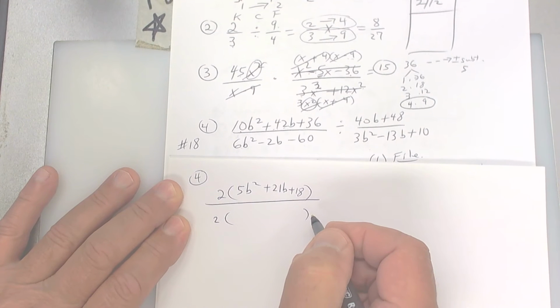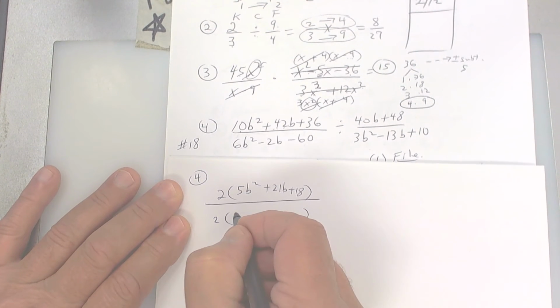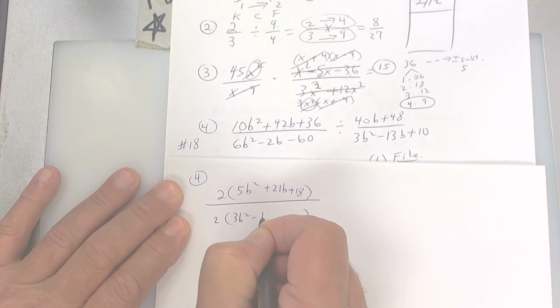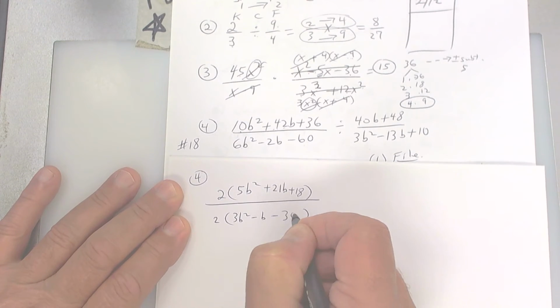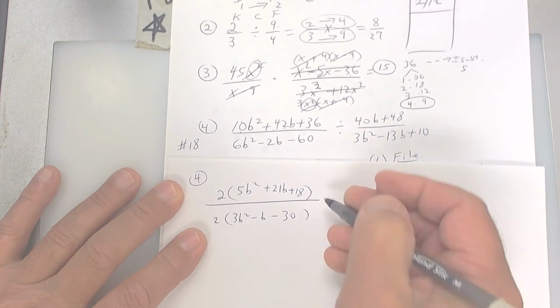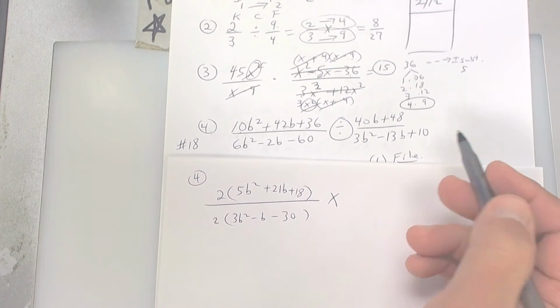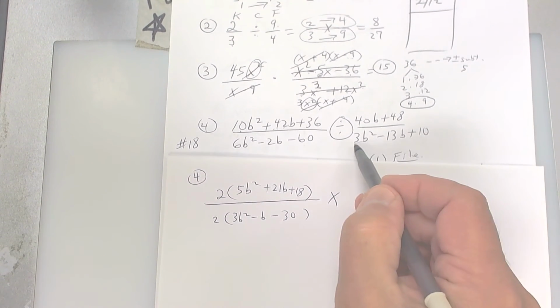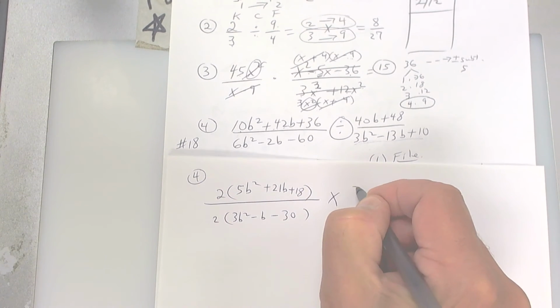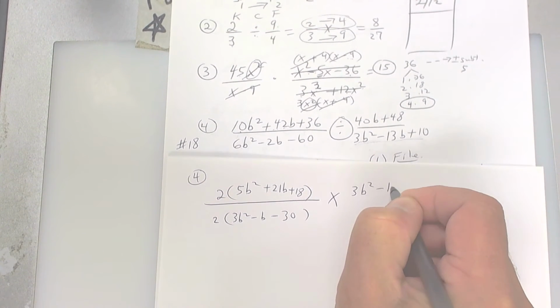So you're going to have, let me think here a minute, you're going to have 3b squared minus b minus 30. And then this is division, so you want to flip it. So down here, let me think, it doesn't look like anything comes out. So we're going to put it at the top.